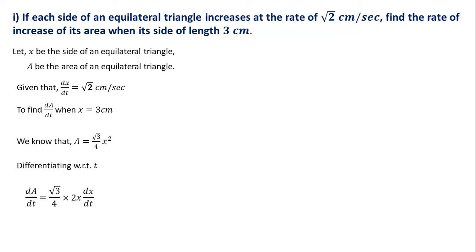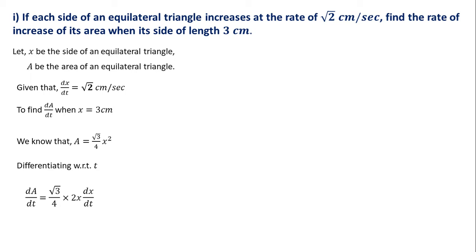See here, we get dA by dt is equal to root 3 by 4 as it is, and the derivative of x square with respect to t is 2x into dx by dt by chain rule. dA by dt is equal to root 3 by 4 into 2x into dx by dt.